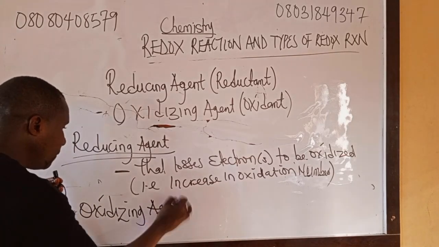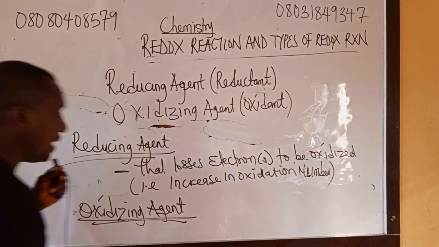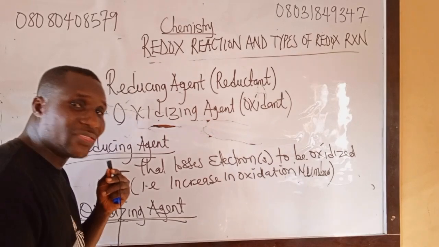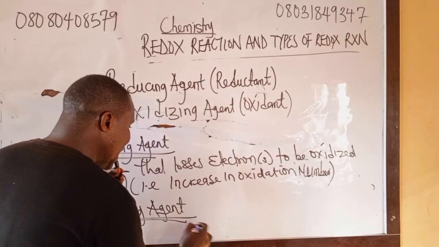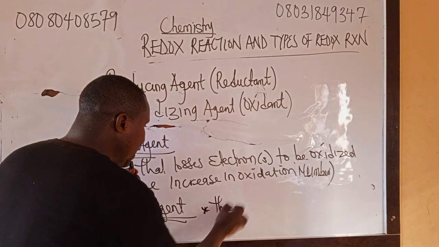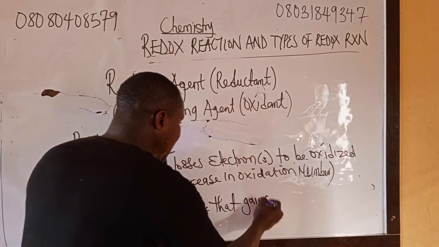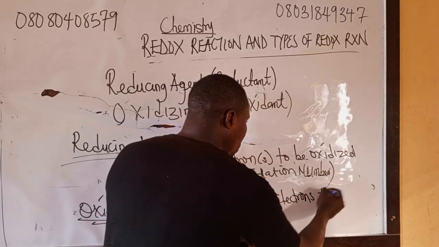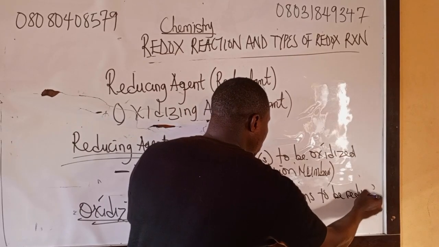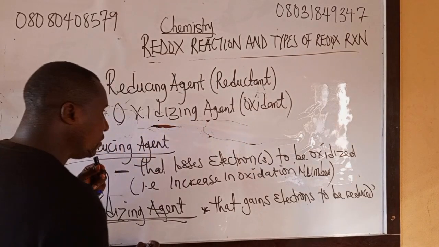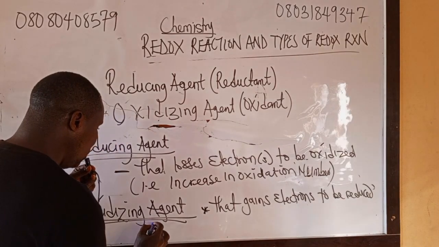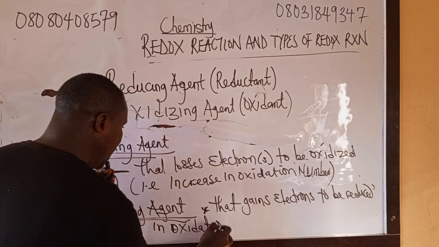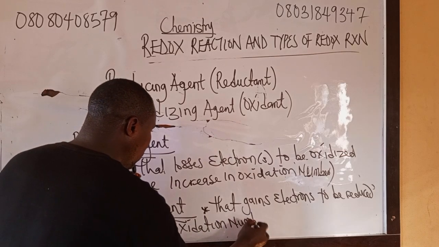Then we have oxidizing agents. That means oxidants. This is an agent or species or atom or molecules that gains electron to be reduced in oxidation number.